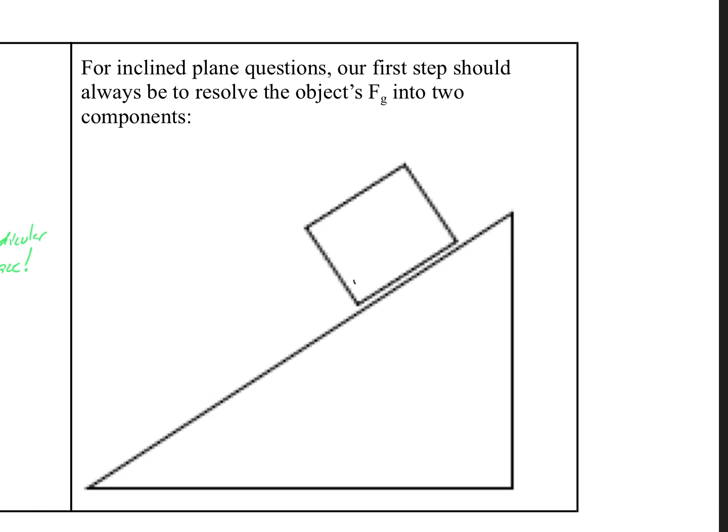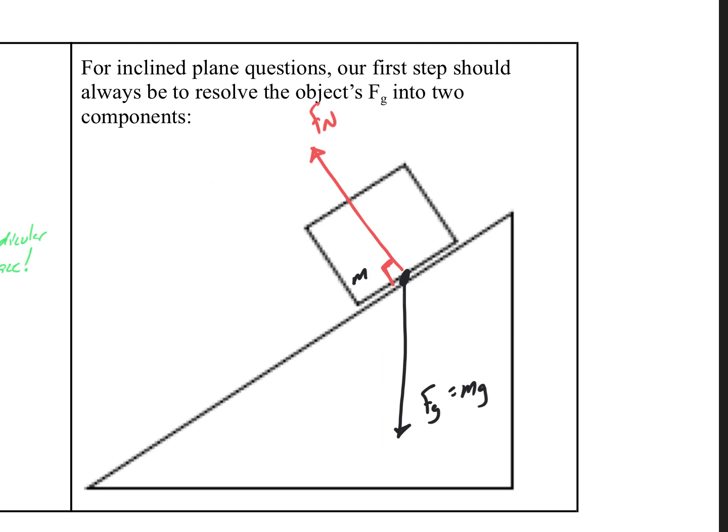So I like to draw a little M in there to make sure you know what I'm talking about. But here we have the weight of the object, and we like to say it is pointing straight down always. We know Fg is equal to mg. Here, the normal force is always perpendicular. So we could draw a block here if we wanted, but notice how it's always sitting off at an angle.